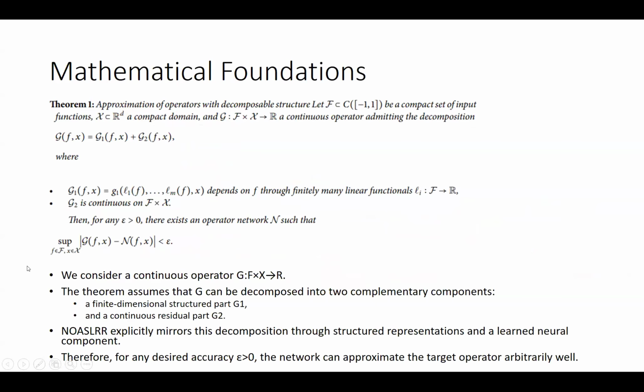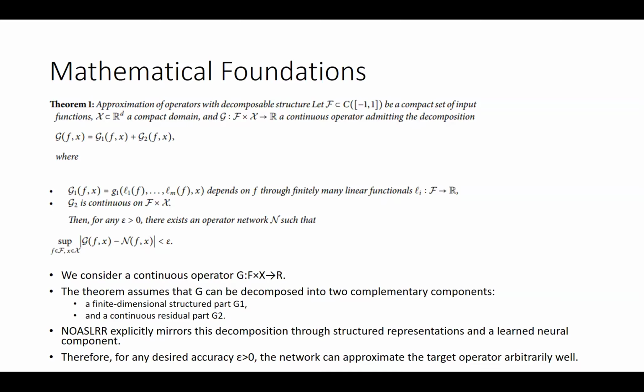Before looking at the empirical results, let's establish the theoretical rigor of our model. We provide a formal universal approximation guarantee. It is right here as a theorem. We consider a continuous operator G. It acts on a compact set of input functions F and the compact spatial domain X. The main mathematical implication of the theorem is simple.